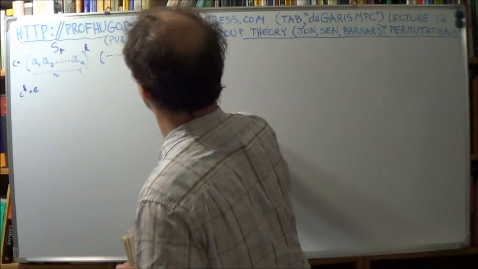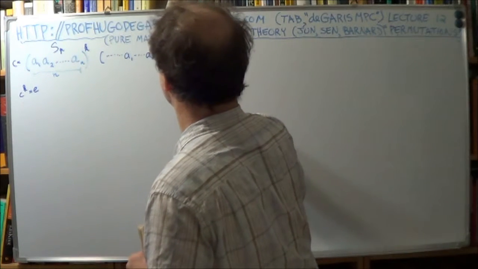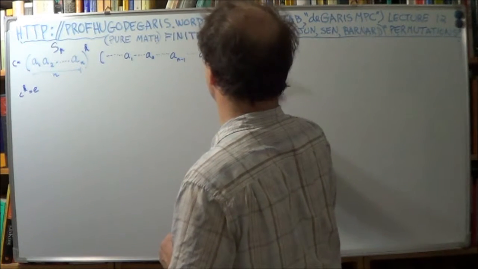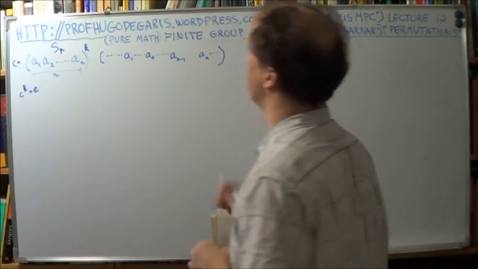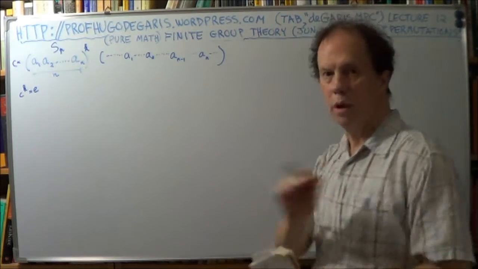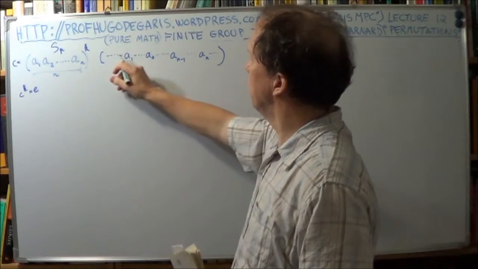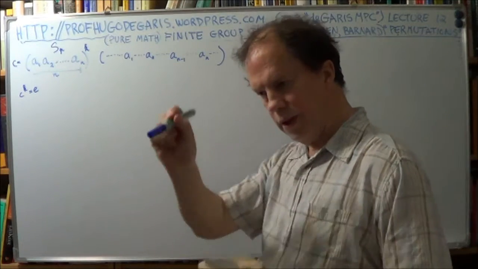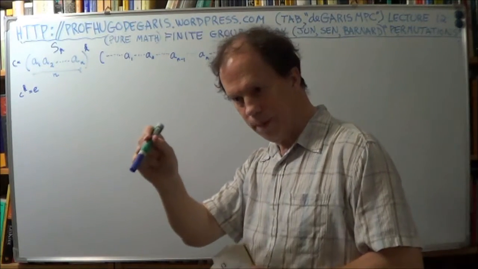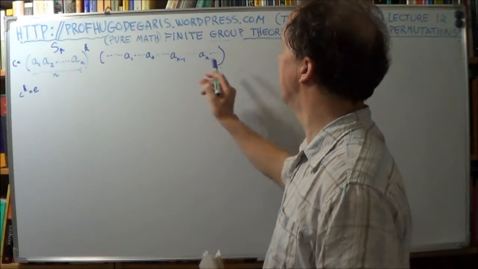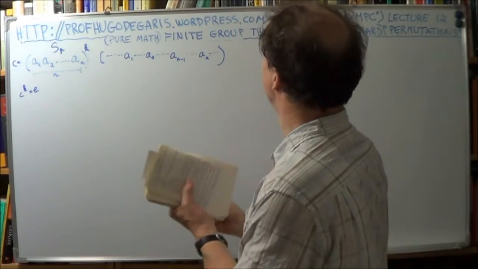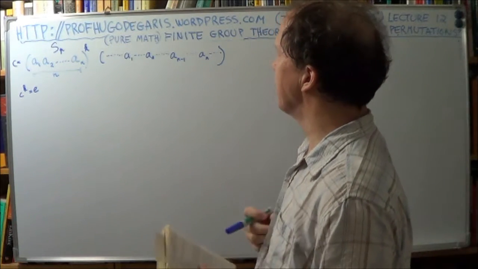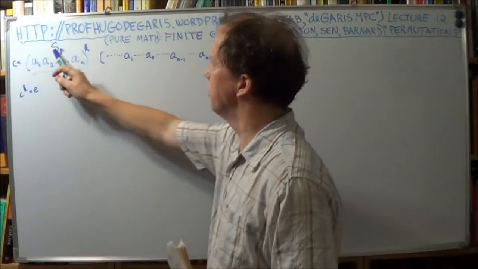So I'll put a1, a2, a n minus 1, a n. Okay, so I've just put in a long line all the objects in numerical order according to their numerical integer ID, one to whatever, well, p. Right? I guess that's the pth one. The number of objects in your symmetric group.